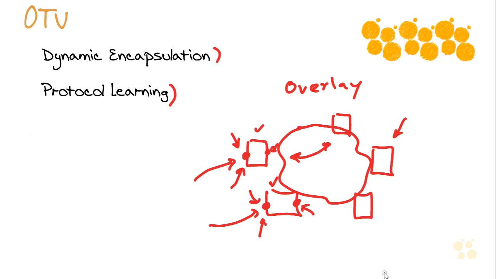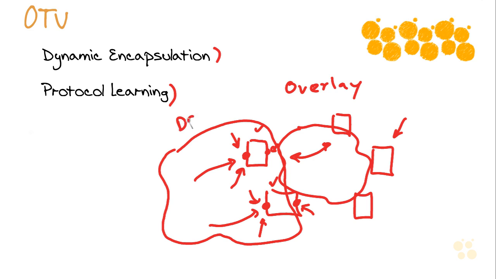Well, sure enough, spanning tree protocol, I'll draw it here as part of this data center. So this is data center 1. Spanning tree protocol could be running in here. That's fine. But it is absolutely going to be blocked from transmission over the OTV devices.